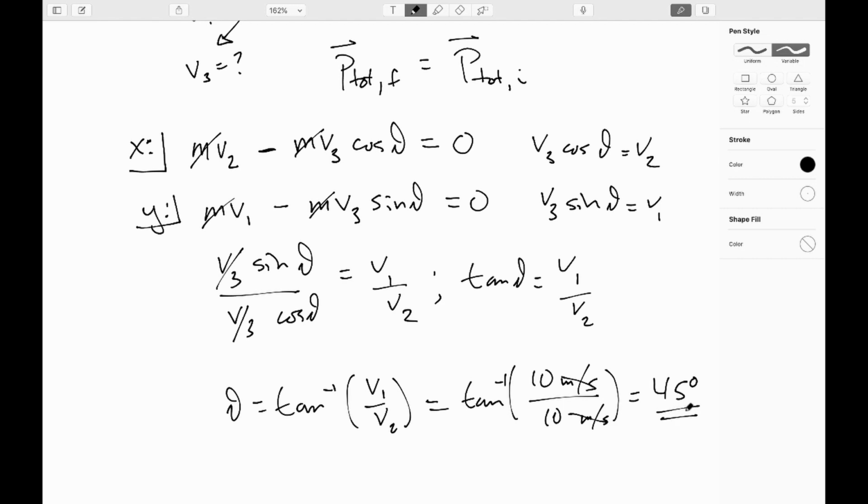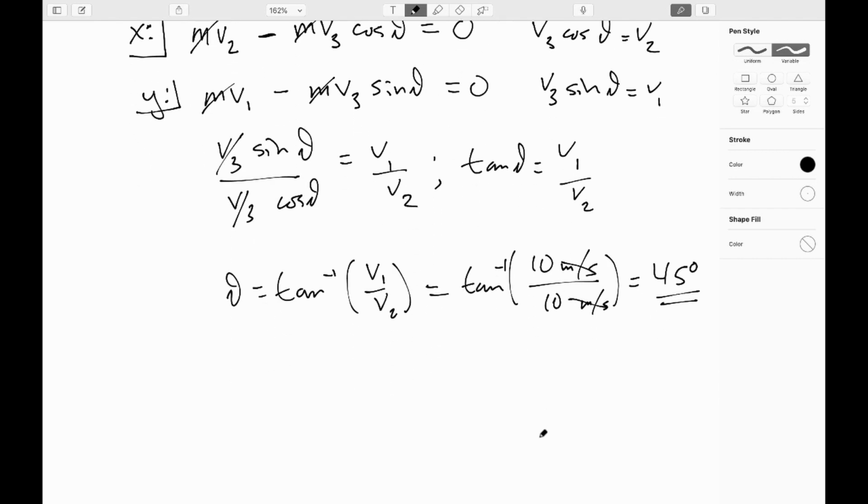Okay, now that we got the direction sorted, we can use either the x or the y equation to get the magnitude of V3. So let's use the y equation. So we have V3 sine theta equals V1.